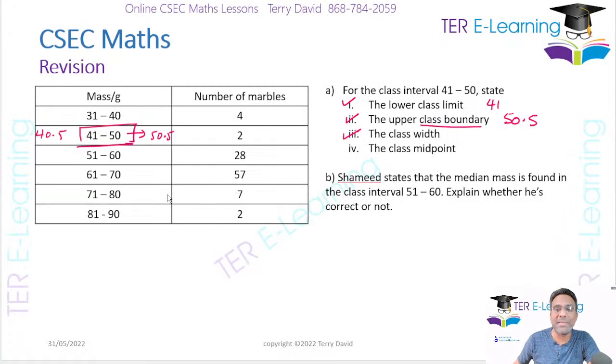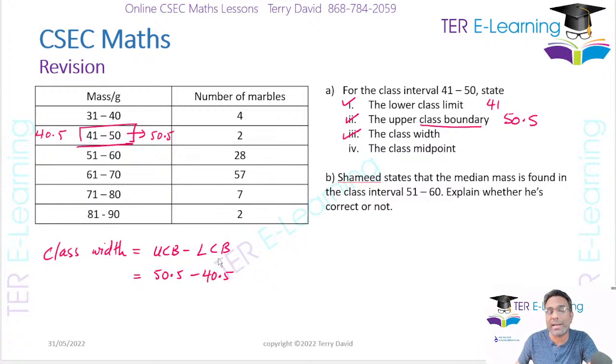The mistake that students normally make is they will take 50 and subtract 41. That's incorrect. This is your formula for class width, guys, so don't get this wrong tomorrow if it comes. Class width is your upper class boundary minus your lower class boundary. This is one of those mistakes that students generally make in the exam. So we're going to say 50.5 minus 40.5. You are subtracting your class boundaries, not your class limits.